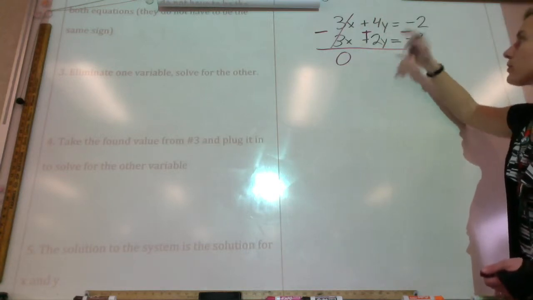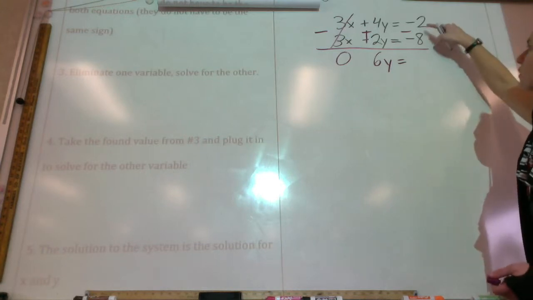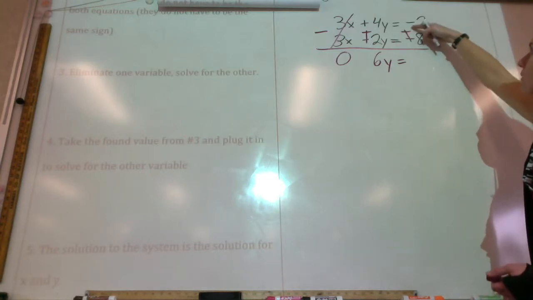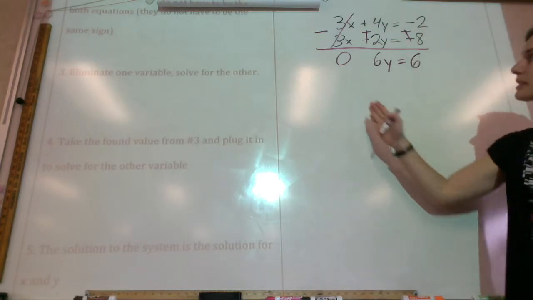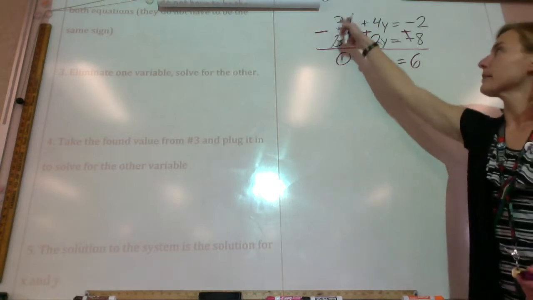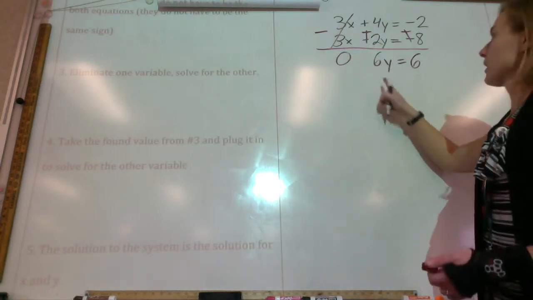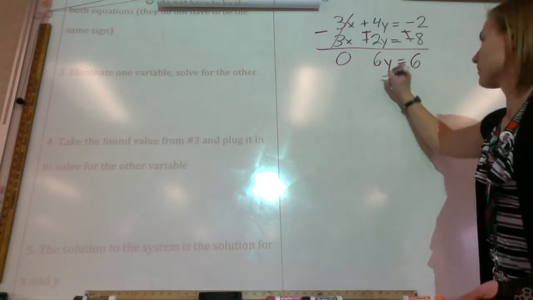So 4y plus 2y gives us a positive 6y. And negative 2 minus a negative 8, those two minuses make a positive. So negative 2 plus 8 is a positive 6. So you can see that just by doing that, we eliminated the x, and now all we have is a y, and now we can solve for y. Well, 6 times y gives us 6, so y, of course, is 1.